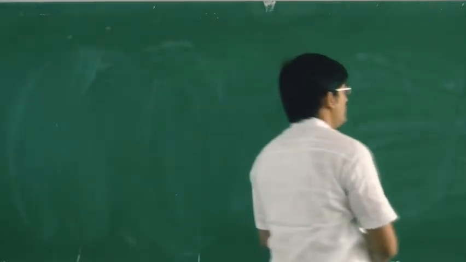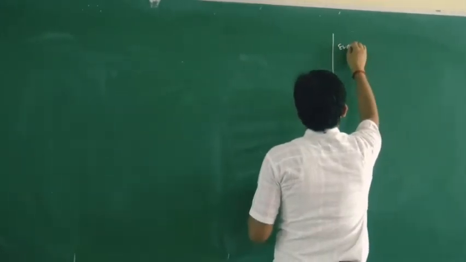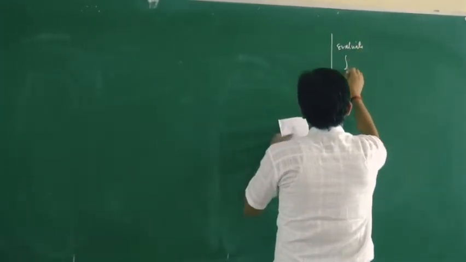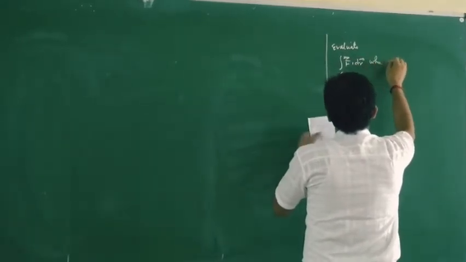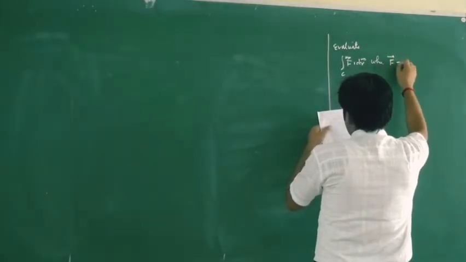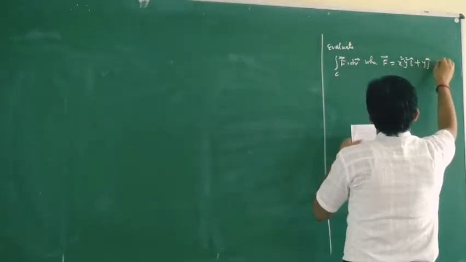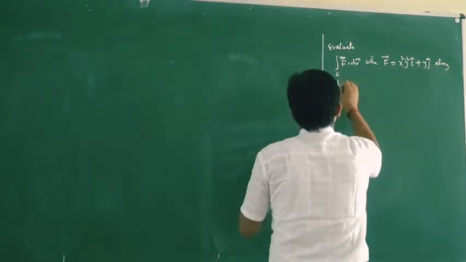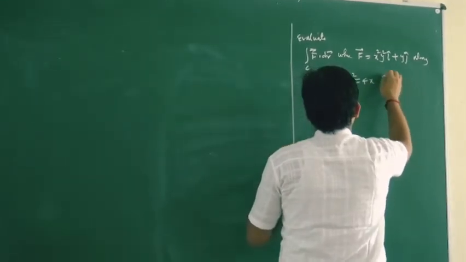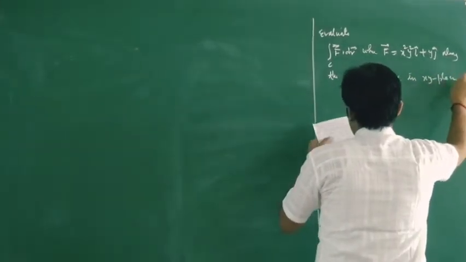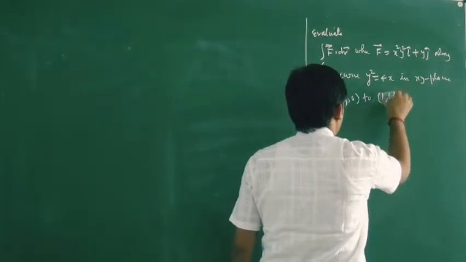So the first question is: evaluate the line integral of f dot dr where f equals x squared y squared i plus y j along the curve y squared equals 4x in the xy plane from (0, 0) to (1, 1).